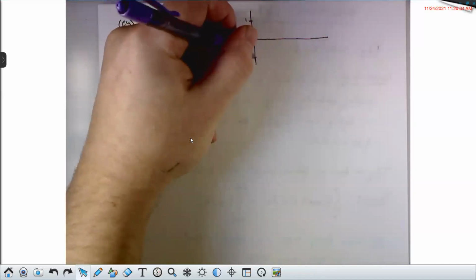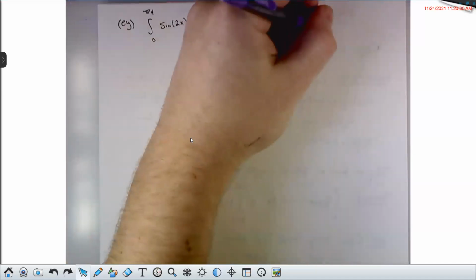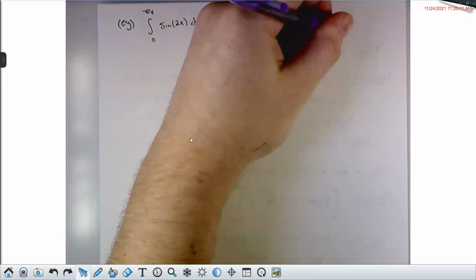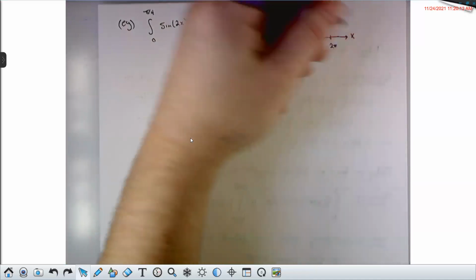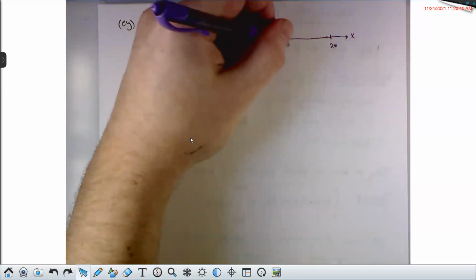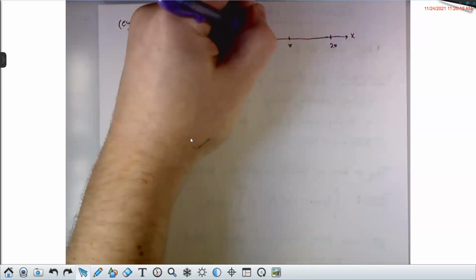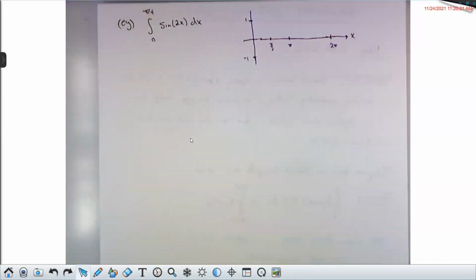So I'll call this 1, I'll call this -1, I'll call this 2 pi. This is our x-axis. That would put pi around here, pi over 2 around here, and pi over 4 way over here. Sine of 2x is just like sine of x, only it's been scrunched up by a factor of 2 in the horizontal direction.